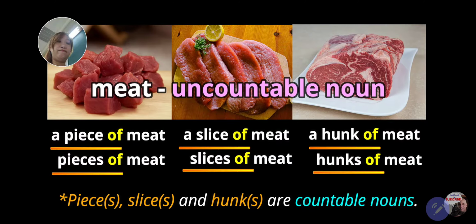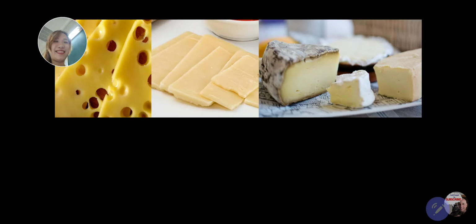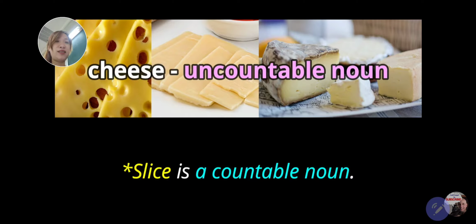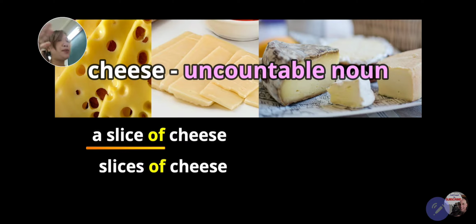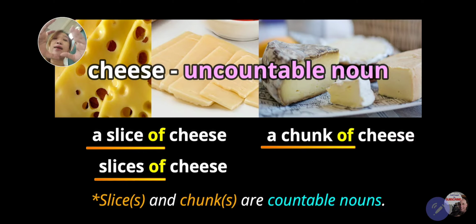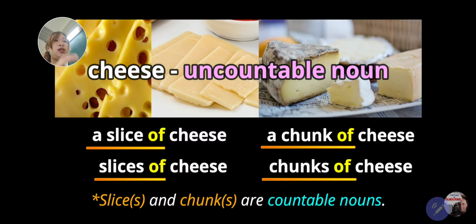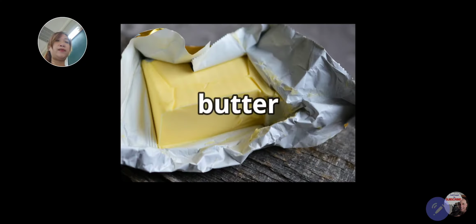Got it? Yeah. We can also use the countable noun slice for things like cheese. We can count a slice of cheese, that's one slice, or slices of cheese, it's more than one slice. Or with cheese, the word that's used a lot is chunk, a chunk of cheese, or chunks of cheese. How about butter?